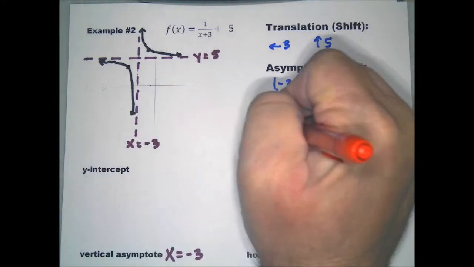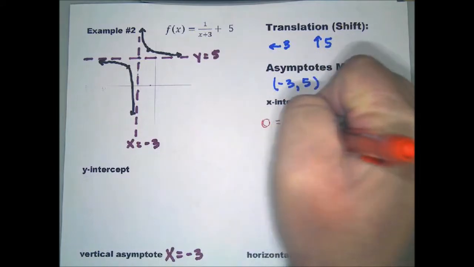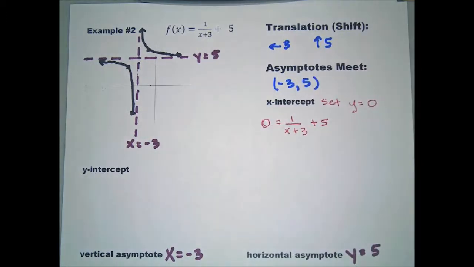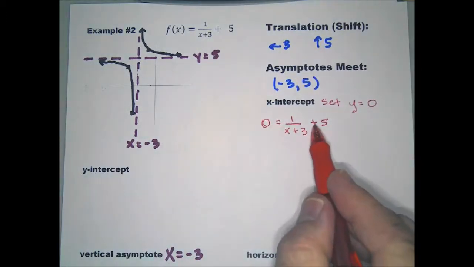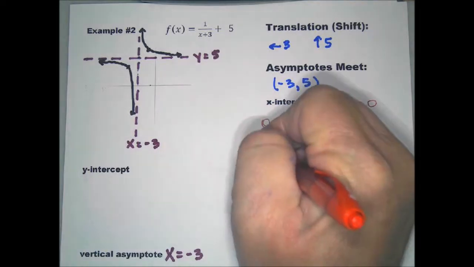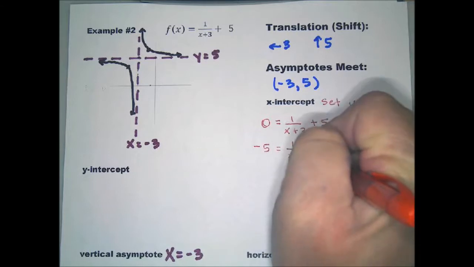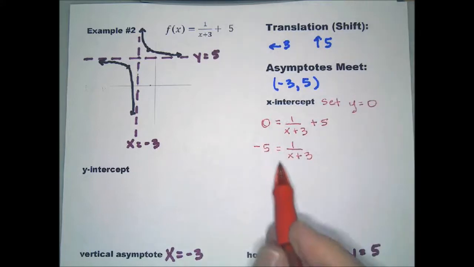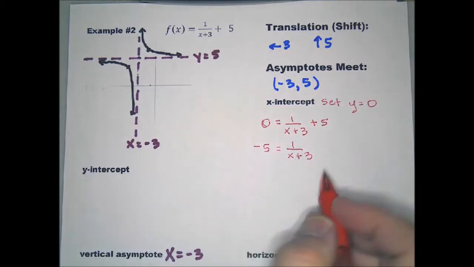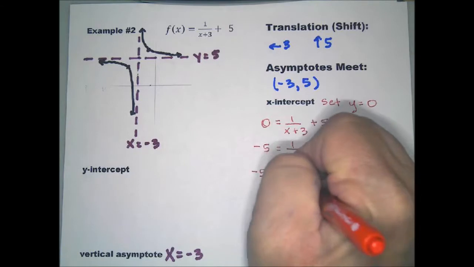0 equals 1 over x plus 3 plus 5. Now the easiest way to solve this would be to move the 5 to the other side, making it negative. Negative 5 equals 1 over x plus 3. Cross multiply, distribute that negative 5, and it'd be negative 5x minus 15. Watch the sign.